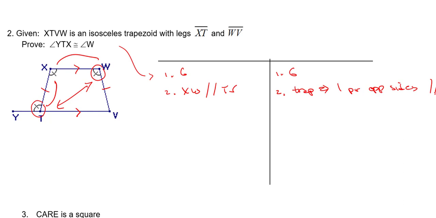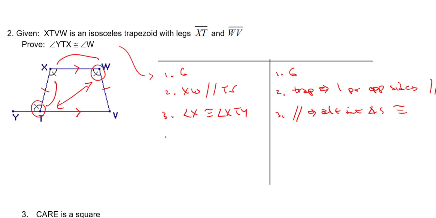And because of that, I know that angle X is congruent to angle XTY, because if I have parallel lines, then the alternate interior angles are congruent.